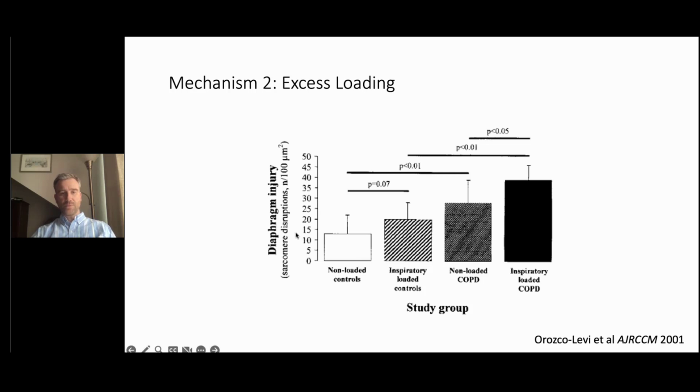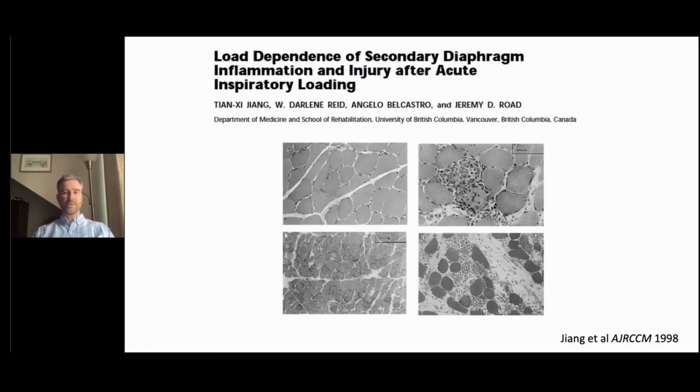On the y-axis here, we have diaphragm injury quantified in terms of the number of sarcomere disruptions on microscopy. What you can see is that inspiratory loading in both the controls and in COPD patients is associated with an increase in diaphragm injury. And strikingly, the COPD patients, who have a chronically elevated respiratory load, have a higher level of diaphragm injury than the controls. So excess loading of the diaphragm, both acutely and chronically, is associated with an increase in diaphragm injury.